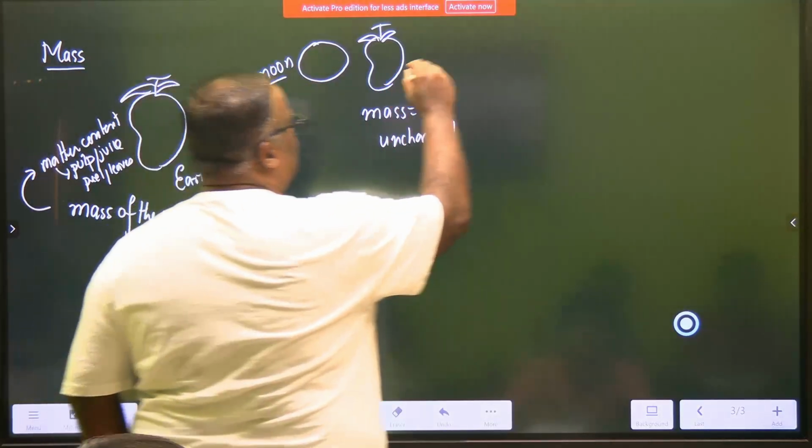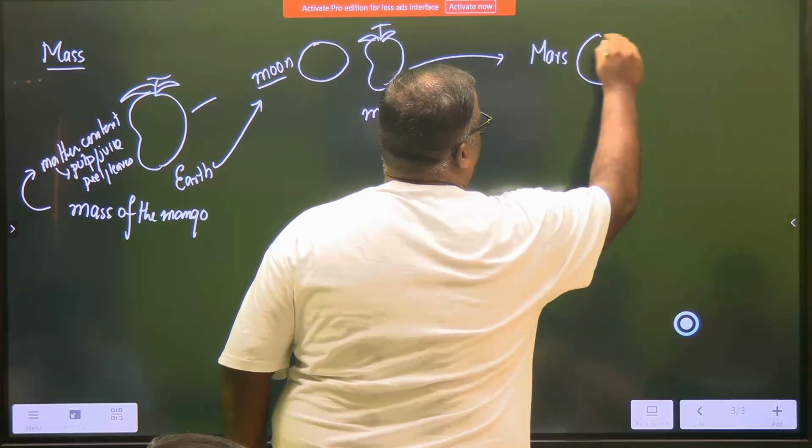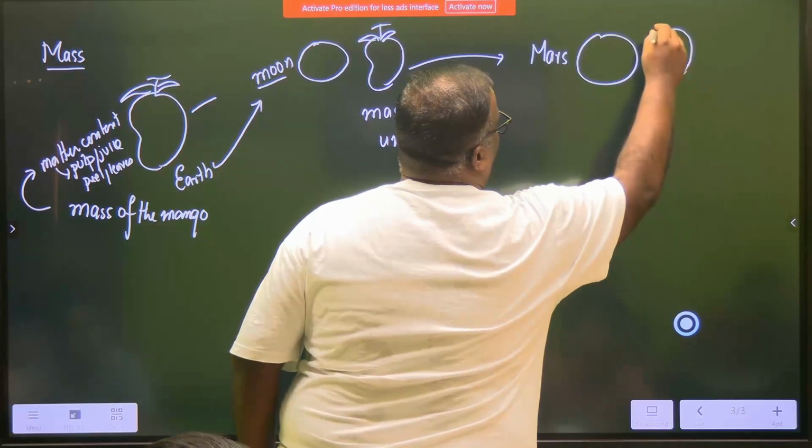So from moon we start our journey and we go to another planet or another celestial body called Mars. और Mars में हम फिर इस आम को देखते हैं.